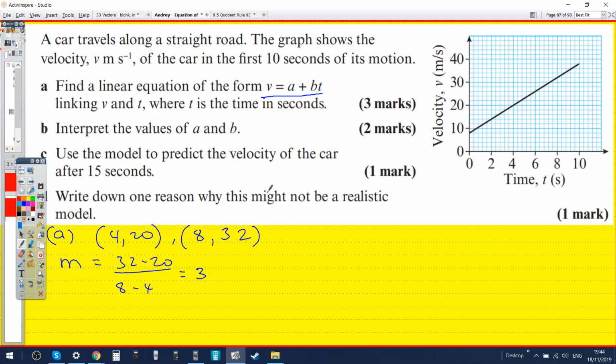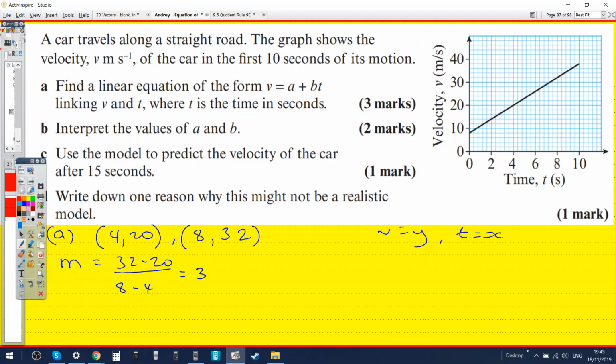A. What letter is like the y? v. What letter is like the x? a. What is the x-axis on the graph? The time. Oh, so would it be t?